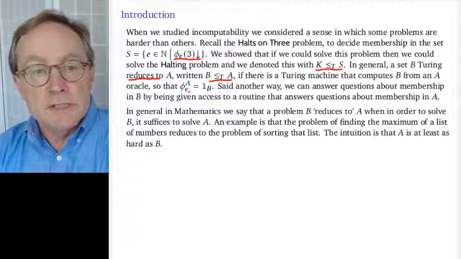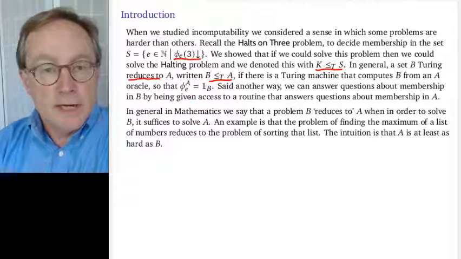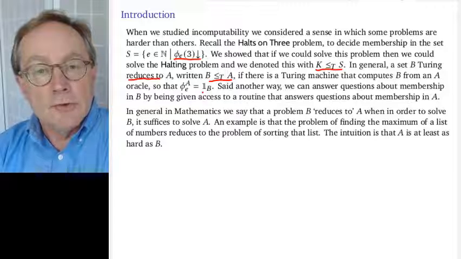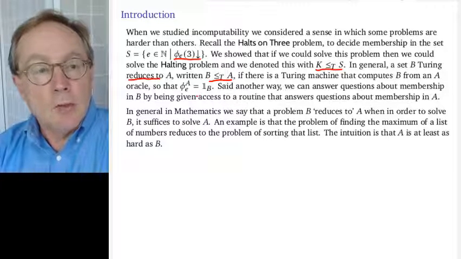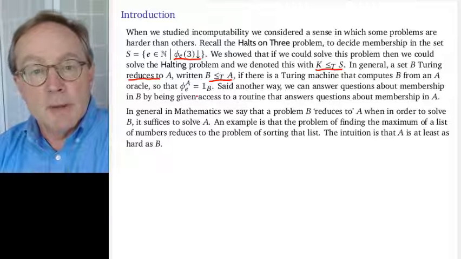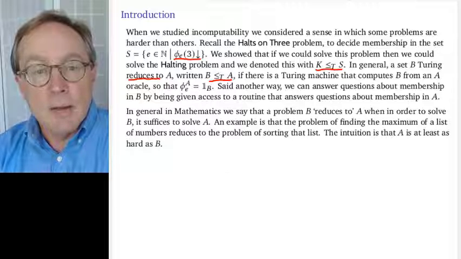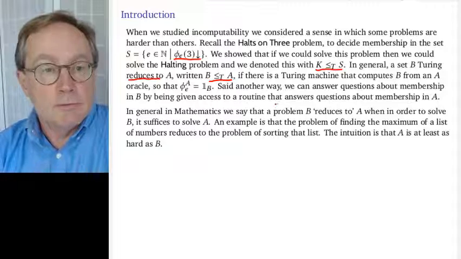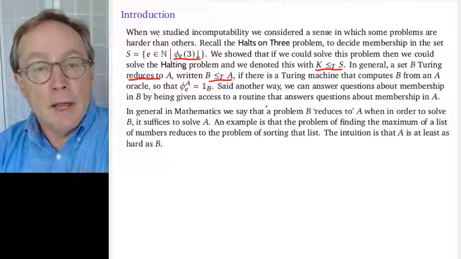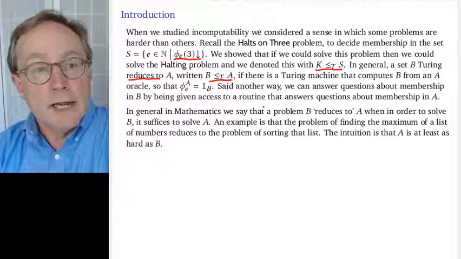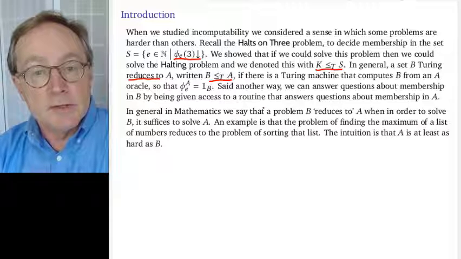Then use those pieces of information, do some kind of if-then-else, and come out with yes or no, the original input is an element of B. Said another way, we can answer questions about membership in B by being given access to a routine that can answer questions about membership in A.